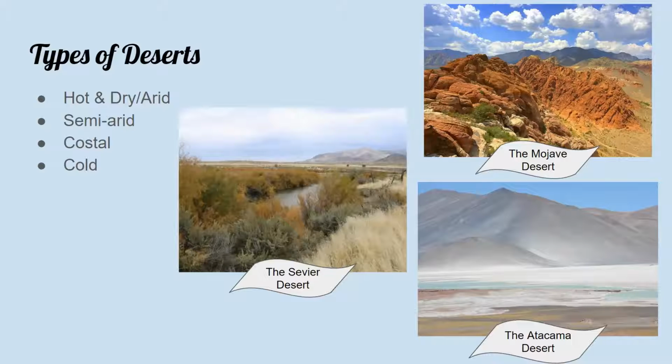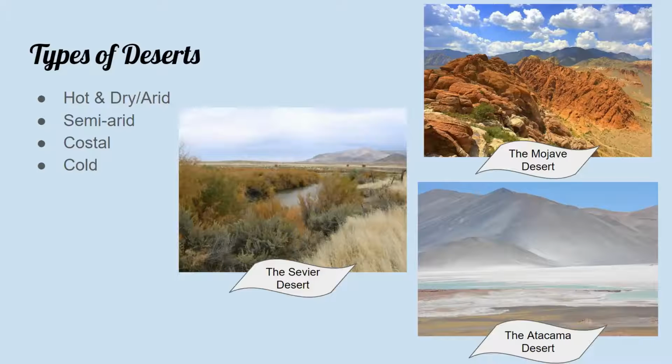Next is the coastal deserts. These are going to have a more humid climate because they are by the coast, but they are still going to experience very rare rainfall. An example of that would be the Atacama Desert of Chile. And finally, there are cold deserts. So these are going to be freezing temperatures, but with still very rare precipitation.